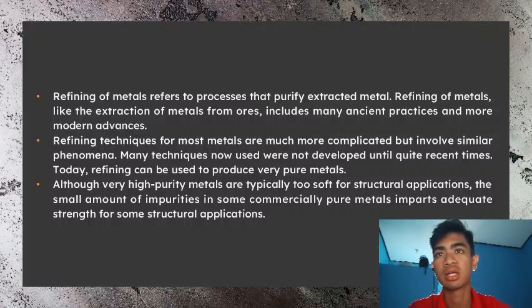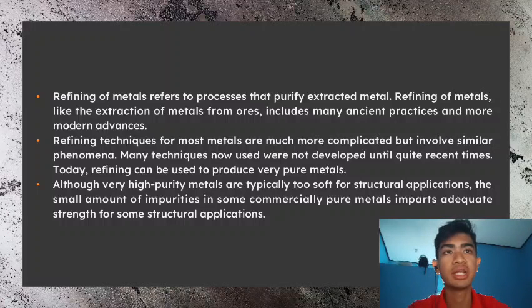Therefore, the gold can be refined by simply scraping the floating debris from the pool of molten metal. This technique for refining gold was known by the period of 2000 to 1000 BC. Refining techniques for most metals are much more complicated but involve similar phenomena. Many techniques now used were not developed until quite recent times.